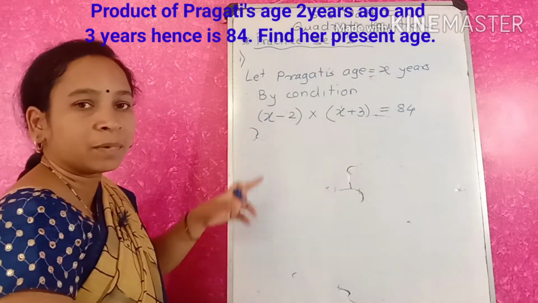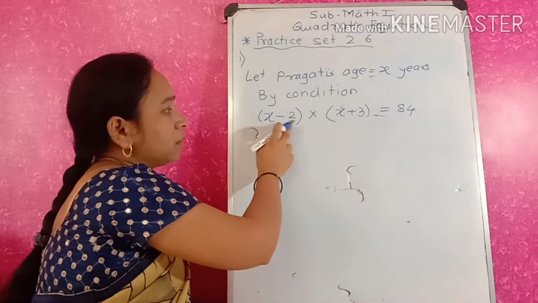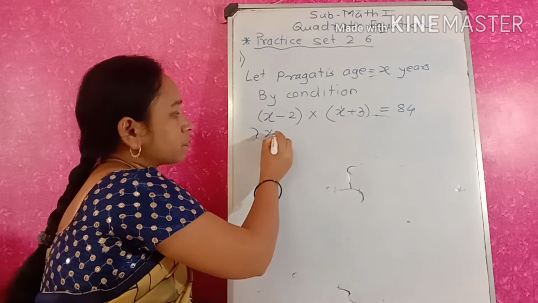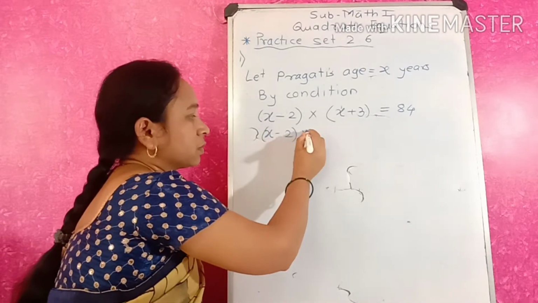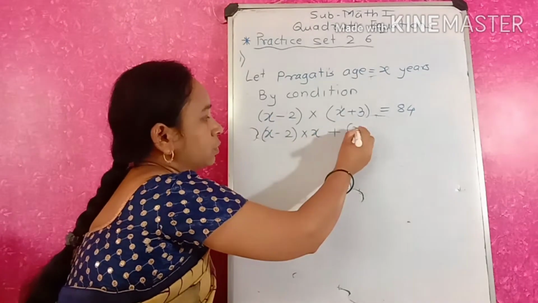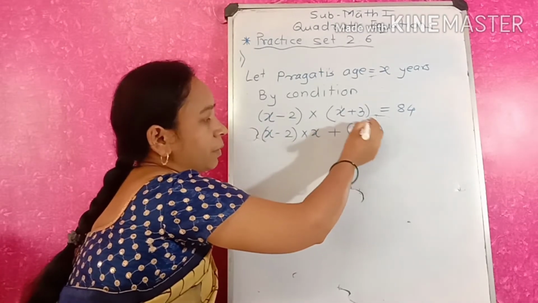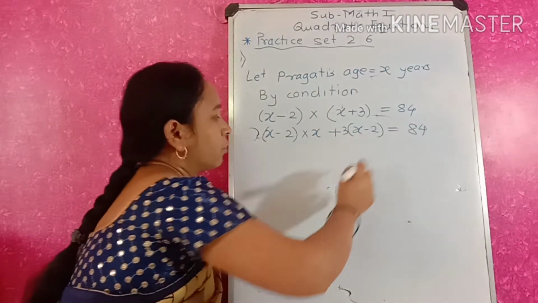Now this example we have to solve. How to solve it? Just make the product, that means x minus 2, I will multiply by x first. Then x minus 2 I'll multiply by plus 3 is equal to 84.